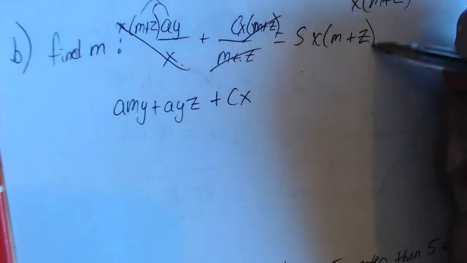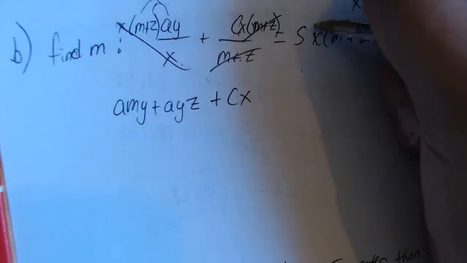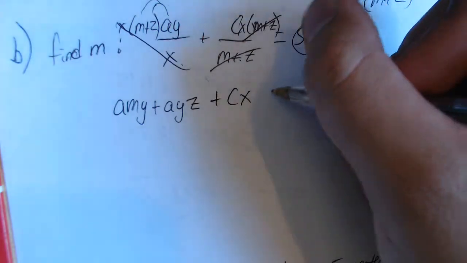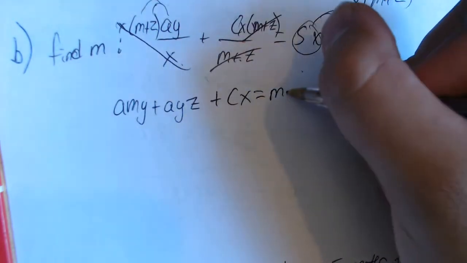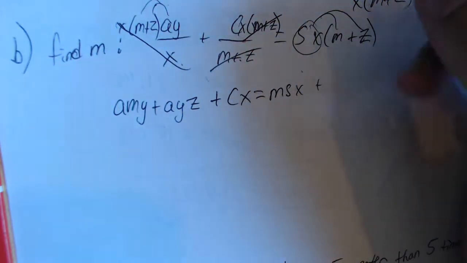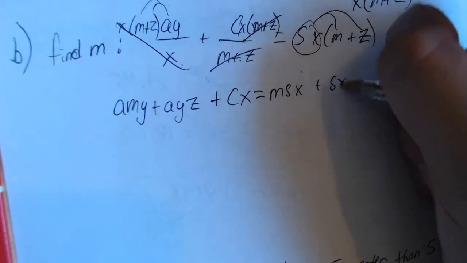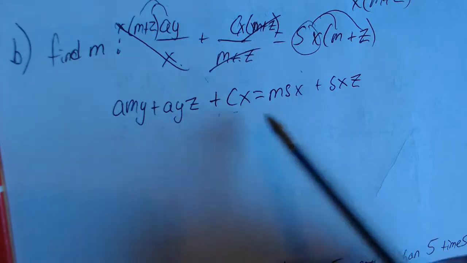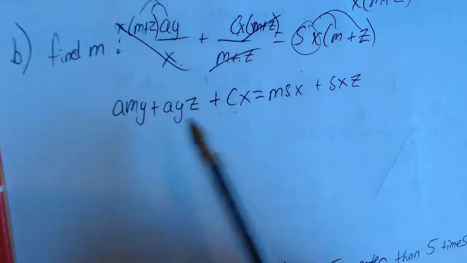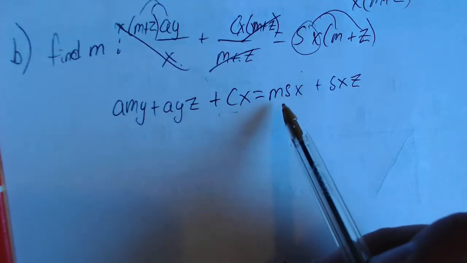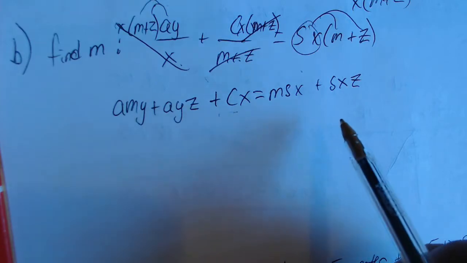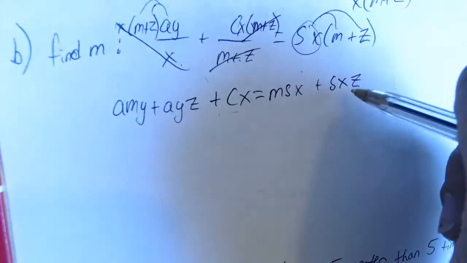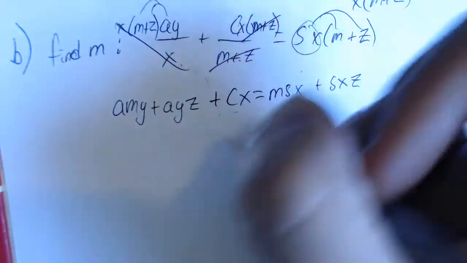So we have that plus cx, and then last one, we have this times x times m plus z. S times x is very simple. They just become sx. So we can take these two numbers and then distribute them. So then we get equals msx plus sxz. All right. So now our equation no longer has fractions, and we've got two m's. So let's get all those m's on the same side, and then we'll move everything else on the other side. So I'll move this amy over to the right side, and I'll move sxz to the left side.